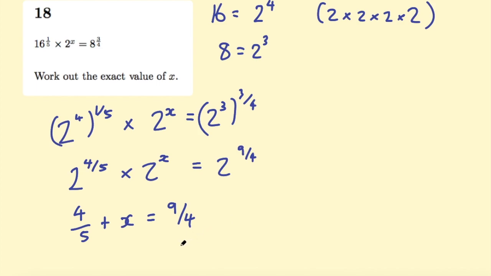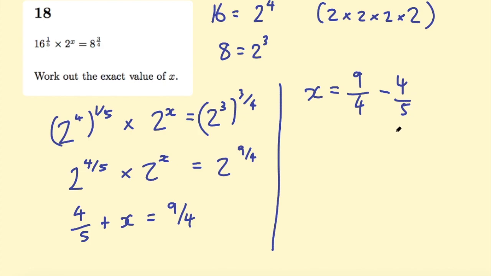And then we can solve this for x, so we could say x equals 9 over 4 subtract 4 over 5. So, excuse me, 9 over 4 minus 4 over 5. And well, cross multiply here perhaps. And this will be 45 over 20 minus 16 over 20, which gives us 29 on 20.